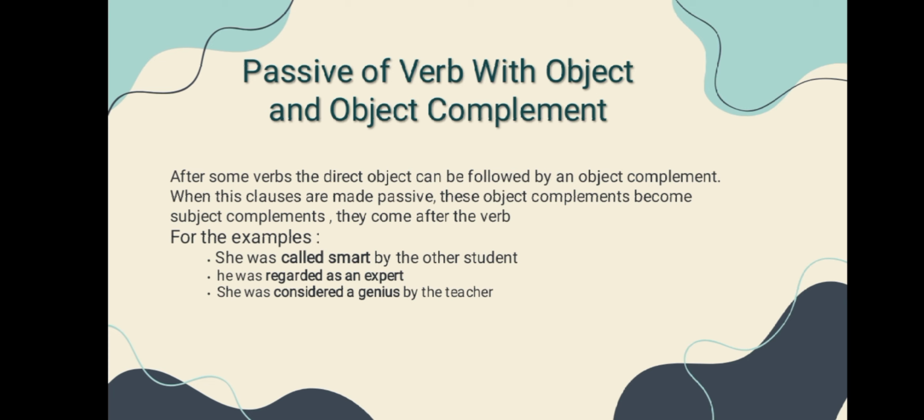She was called what? She was called smart. And then she was regarded as an expert. She was considered a genius. So smart, an expert and also genius are the complements from the first verbs here: called, regarded, and also considered.